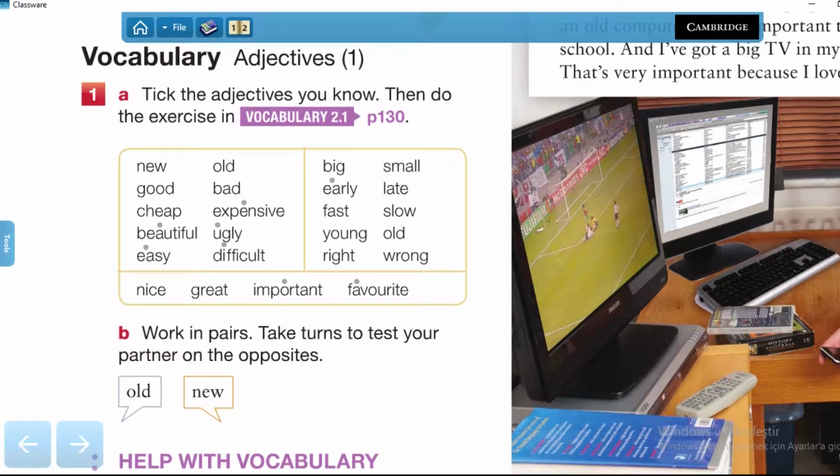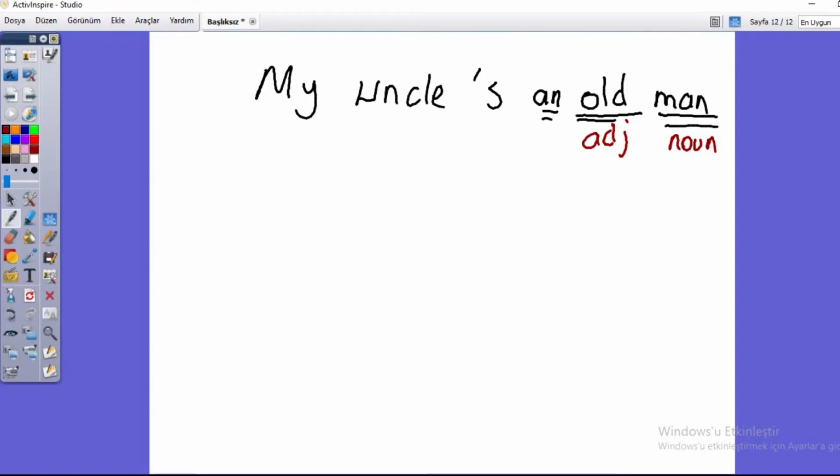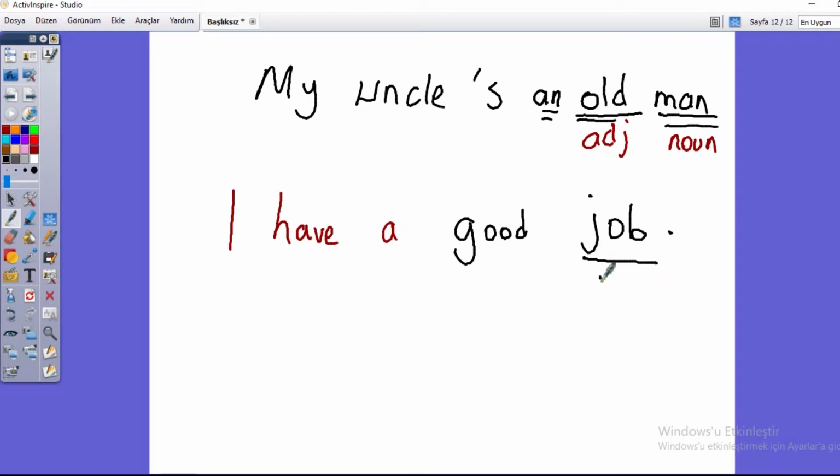Let's have a look at the second one, good, and the opposite of good is bad. I have a good job, for example, because I love my job. Job is the noun and good is the adjective.